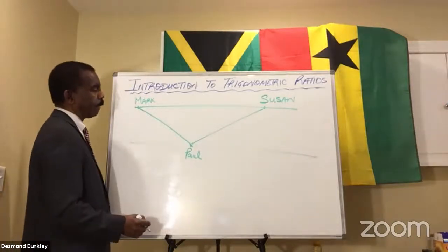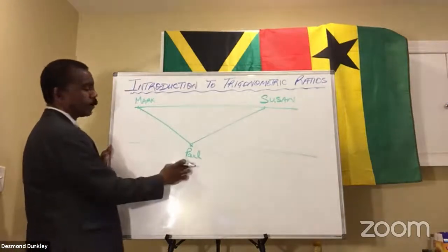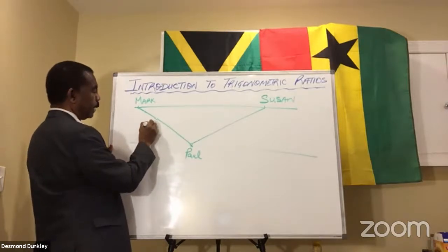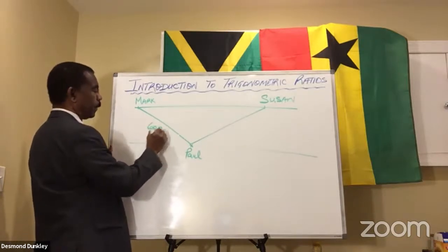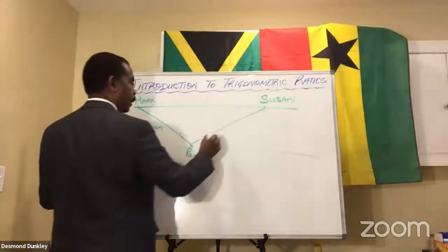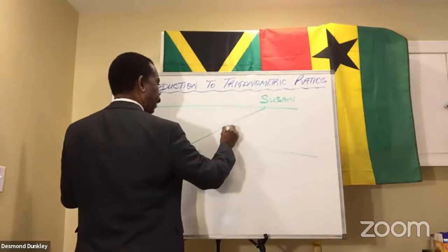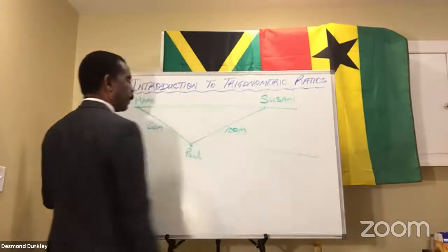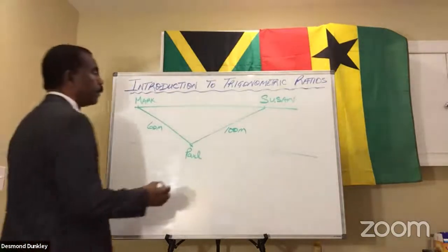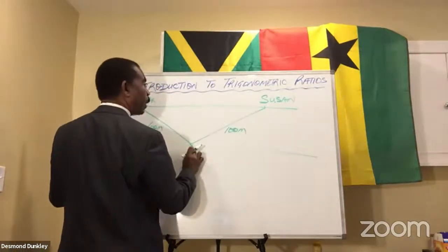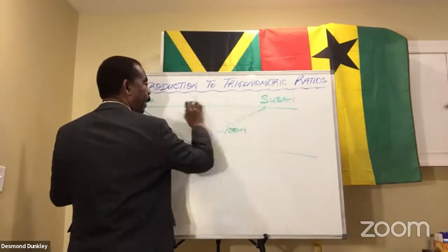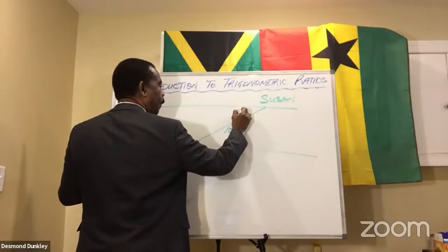Okay. If from Mark to Paul is, say, 60 meters. From Paul to Susan is, say, 100 meters. And the angle between Paul, Susan, and the riverbank is, say, 40 degrees.